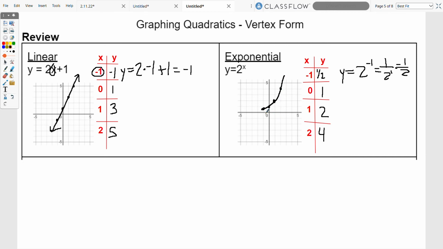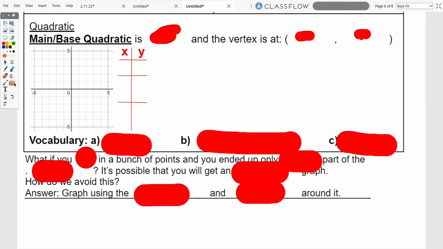So for any graph we ever have, we can just plug in a bunch of points. So let's do that for some quadratics. The main base quadratic function that we're going to graph and use is y equals x squared. Okay, and so same thing as before. We're just going to take points and plug them in. So let's plug in -1, let's plug in 0, let's plug in 1.